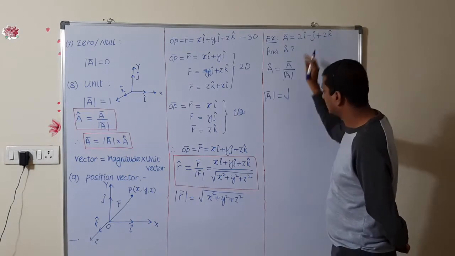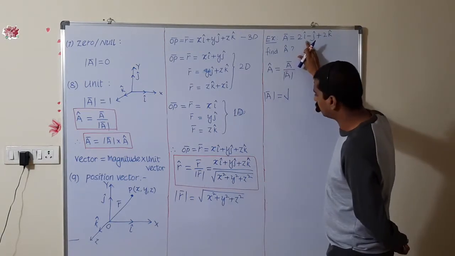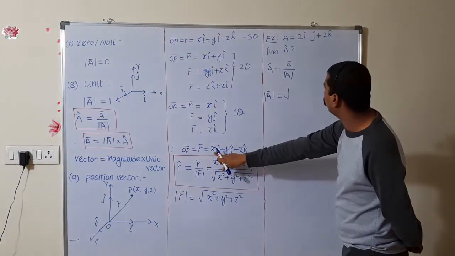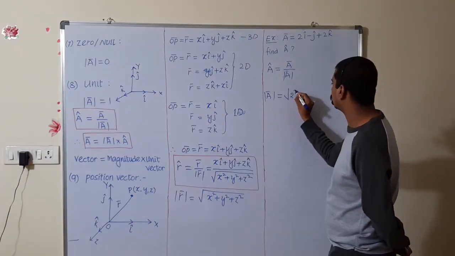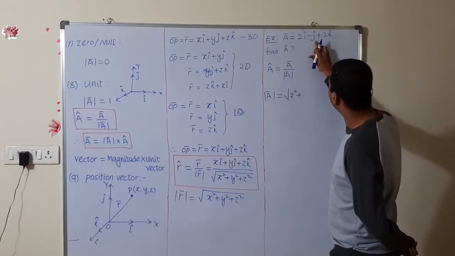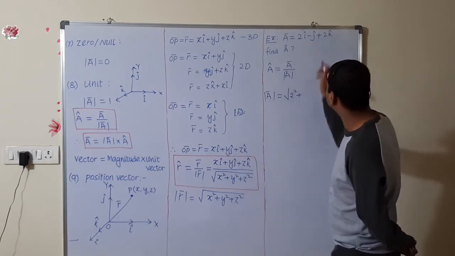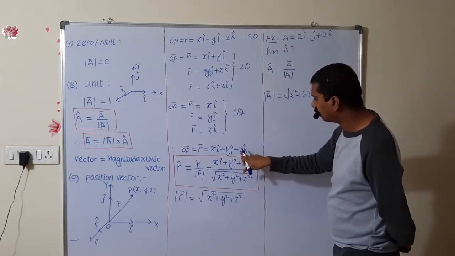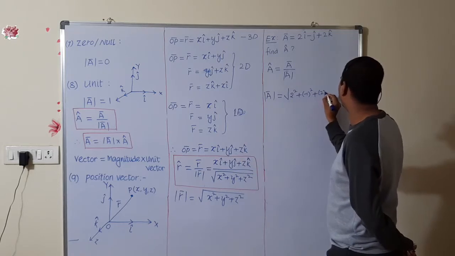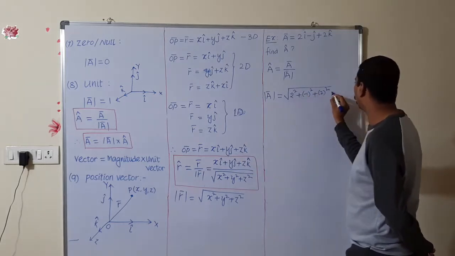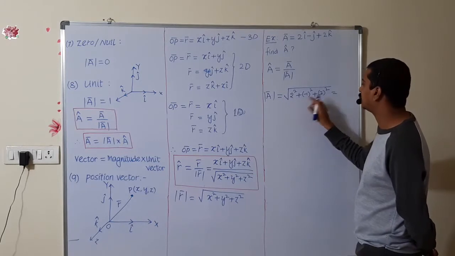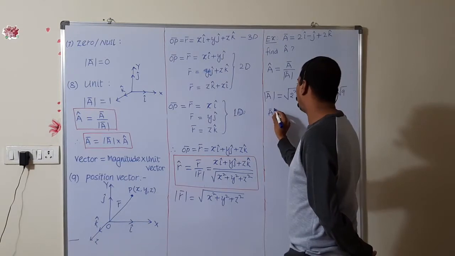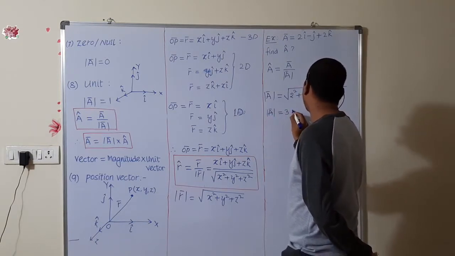Comparing with this equation, instead of x, 2 is given, so 2 square, plus instead of y, minus 1 whole square, plus instead of z, 2 whole square. Here 4, 4 is 8, 8 plus 1 is 9. So mod A is equal to 3 units.